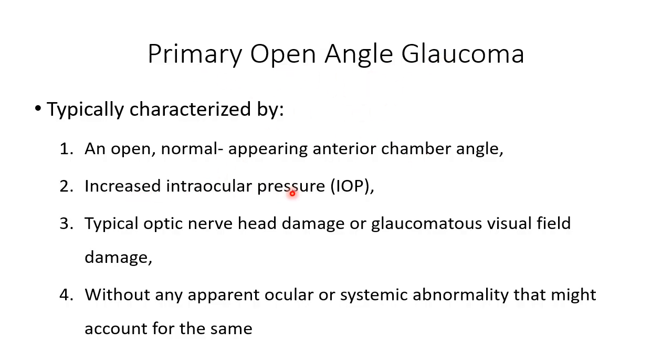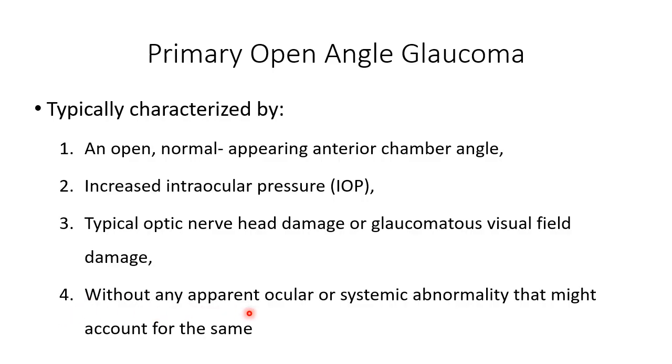Now increased intraocular pressure, number 2. Number 3, typical optic nerve head or the optic disc damage or glaucomatous visual field damage. These have to be there for you to diagnose it as a case of glaucoma. The typical optic nerve head changes or glaucomatous visual field changes must be there.